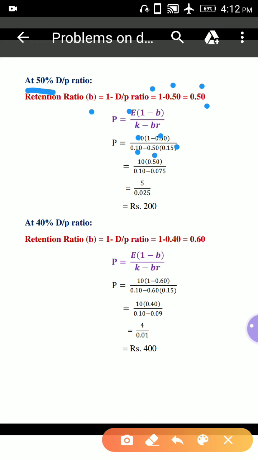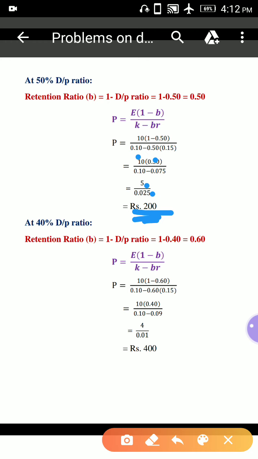Now 10 into 0.5 is 5, divided by 0.10 minus 0.075, that is equal to 0.025. That equals 5 divided by 0.025, which is 200. At 50% dividend payout ratio, the market price of the share is rupees 200.